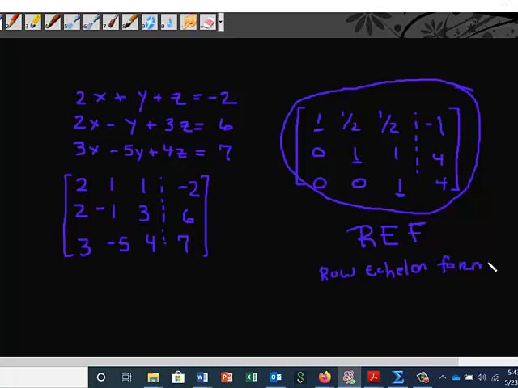So that's the goal, to get this problem in this type of form, and then we will switch this problem back to systems of equations and actually solve and get the final solutions that way.